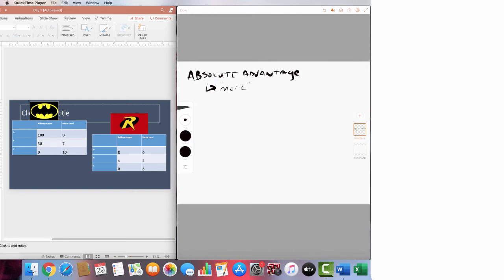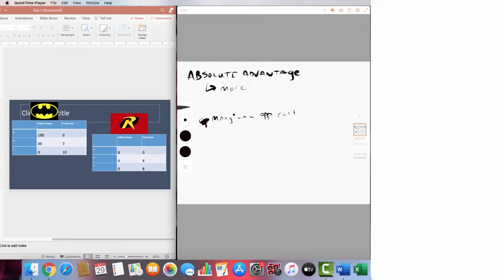Let's take a look at these two characters, Batman and Robin, and examine whether or not there is more to the story here. Let's look at Batman first. What we're going to look at in Batman's case is something that we call the marginal opportunity cost.